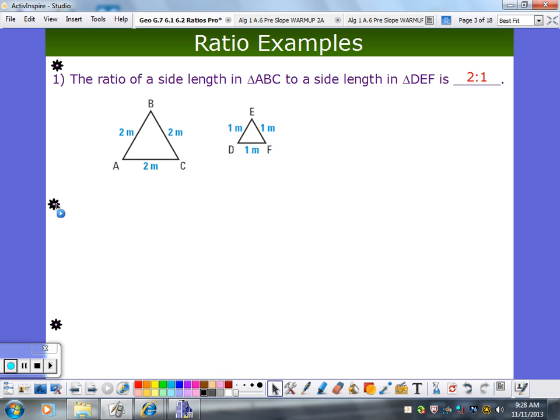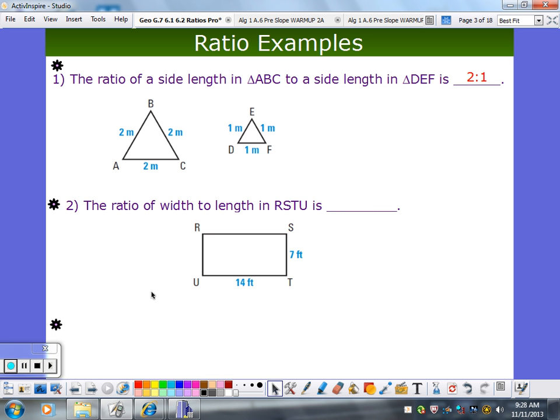The ratio of width to length in RSTU. So width to length, which is the width? ST, right? And which is the length? So what's my ratio? I want to go width to length.